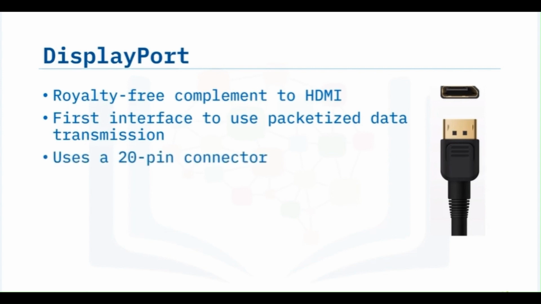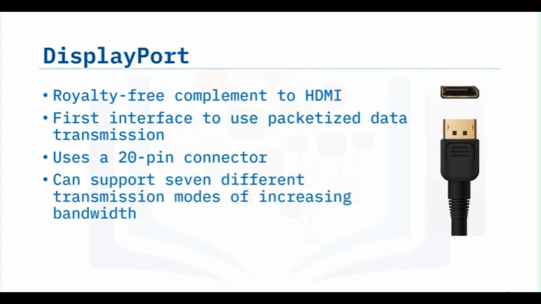The DisplayPort connector has 20 pins, where 12 are for the main link, 3 pins for the auxiliary channel, 1 for the hot plug detection, 2 for power, and 2 additional ground pins. It can support 7 different transmission modes for progressively increasing bandwidth.